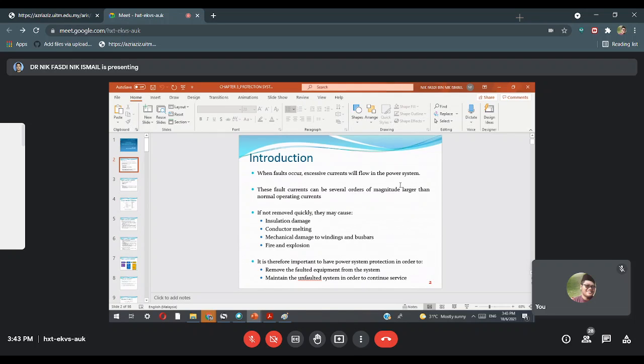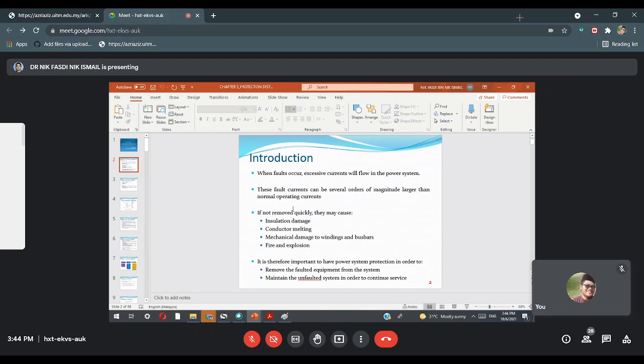So the excessive current is very harmful, very dangerous for the equipment in power system. It's not only for the equipment, untuk human, untuk anything that near to the fault location, dia akan dangerous lah. This fault current can be several orders of magnitude larger than normal operating currents. If not removed quickly, they may cause insulation damage.